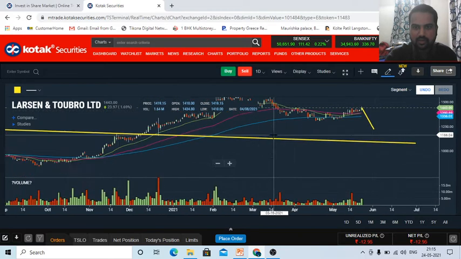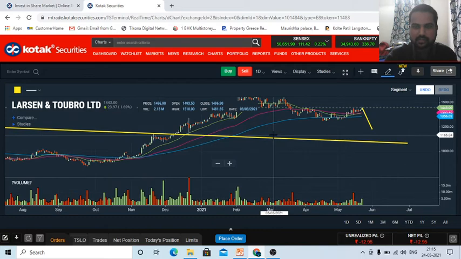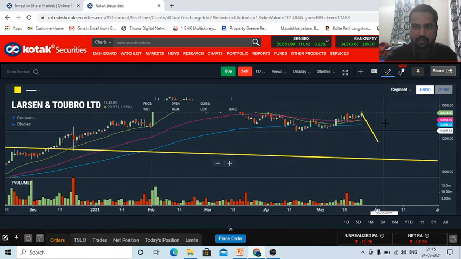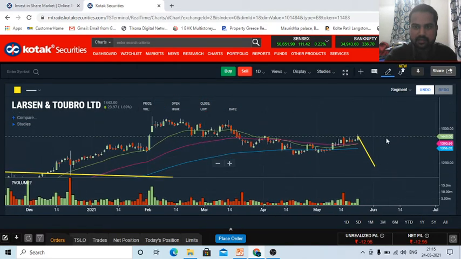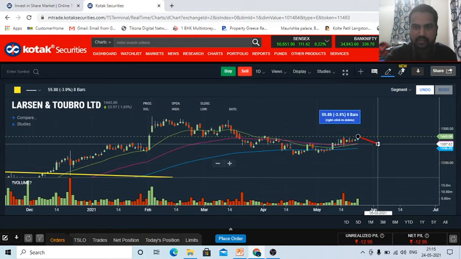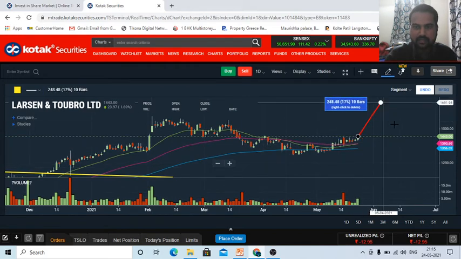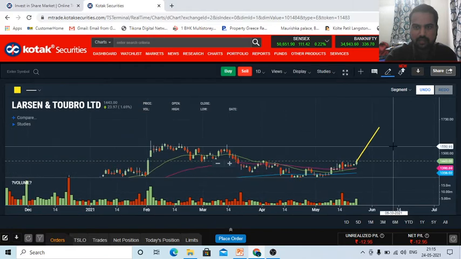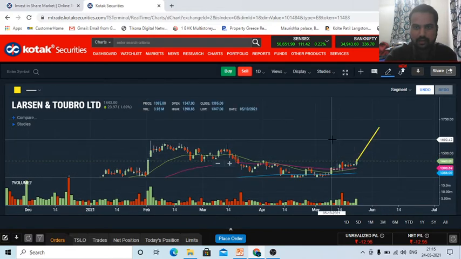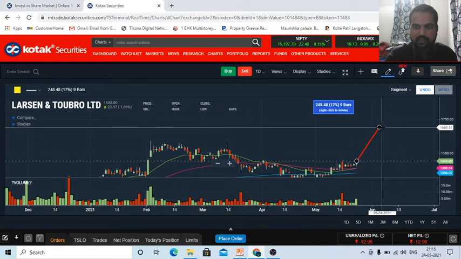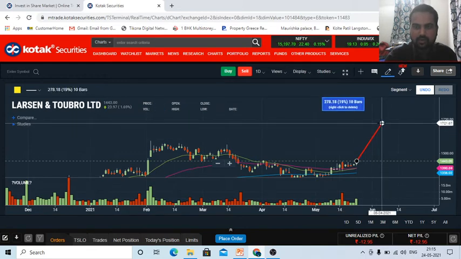The probability of the stock going to this swing low is very low, but we have to anticipate the downside also. So 15 to 20% is the downside, and if the setup works out, then the target is approximately 1650, which is 20%.